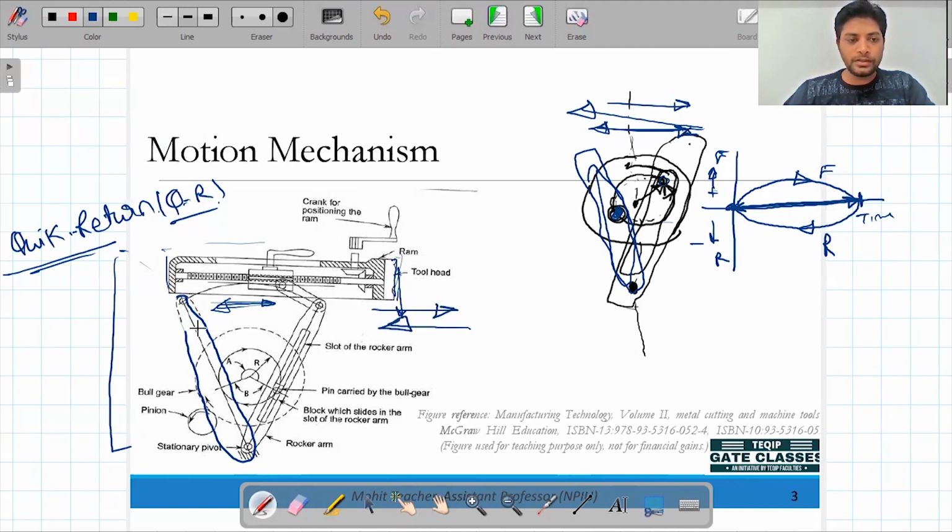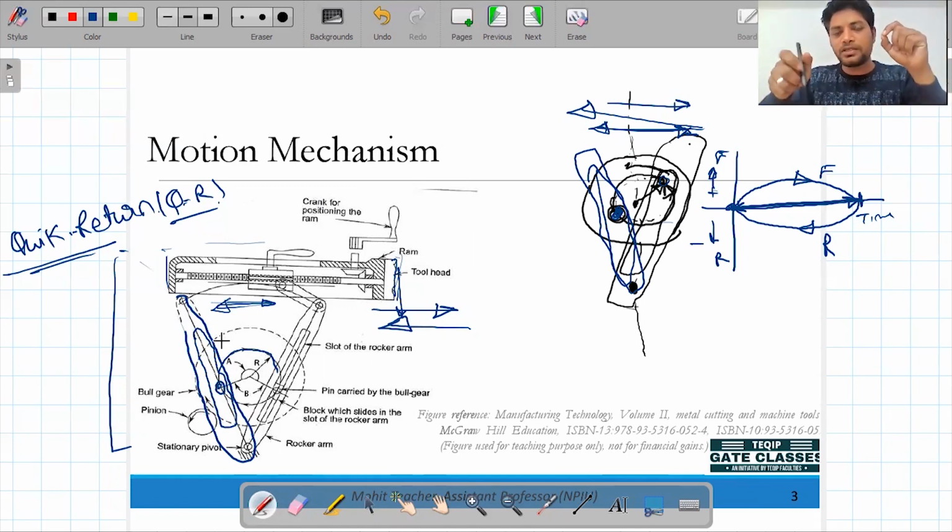Now initially you are fixing the crank over here, okay, and then the crank is rotating. It is fixed along with this slotted bar; a slot you have made inside this rocker arm. The slot is nothing but a space, a completely free space inside.